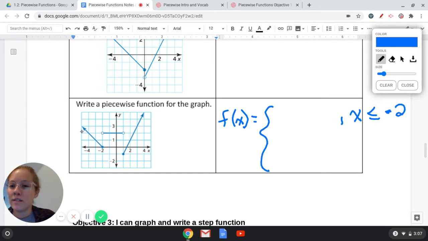Now, what is the equation for this line? Well, the slope is -1, and the y-intercept, oh, it doesn't quite cross the y-axis. So let's just keep drawing this line and figure out where it does. So the slope is -1, so -1, 1, -1, 1.